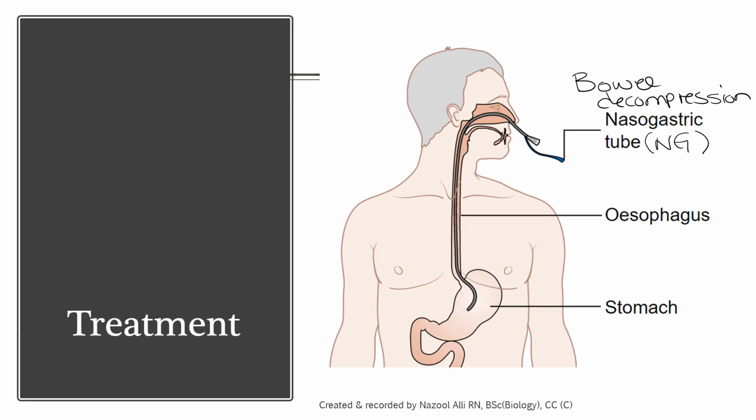So by inserting an NG tube and attaching it to low intermittent suctioning, we're able to remove that excess gas and secretion to decrease bowel distension in the client and also to decrease the risk of vomiting.